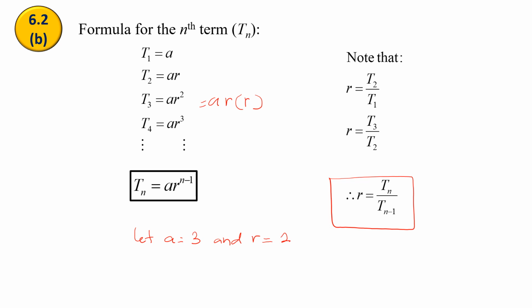Therefore, if I list the first three terms, I will get T1 equal to 3, T2 equal to 3 times 2, and I get 6, and T3 is 6 times 2, I get 12.